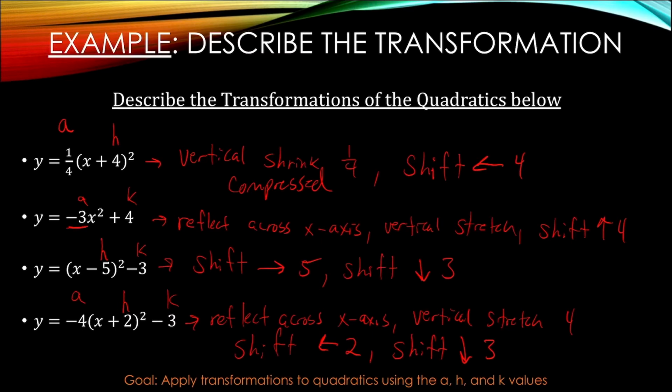A, H, and K, if you can remember that. Let's go over a few things. A is either going to do a stretch. I like to say compress. It makes more sense in my mind. Squeezing something down.